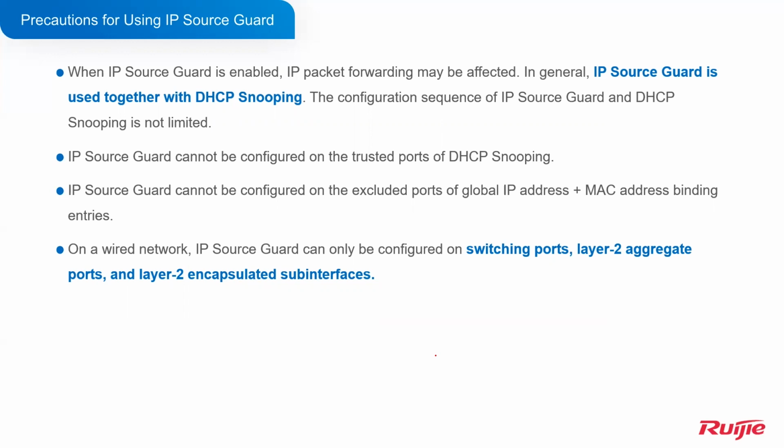On a wired network, IP source guard can only be configured on switching ports, layer 2 aggregate ports, and layer 2 encapsulated sub-interfaces, and cannot be configured on layer 3 interfaces. So about IP source guard, we covered the working principle, the application scenario, and the configuration.